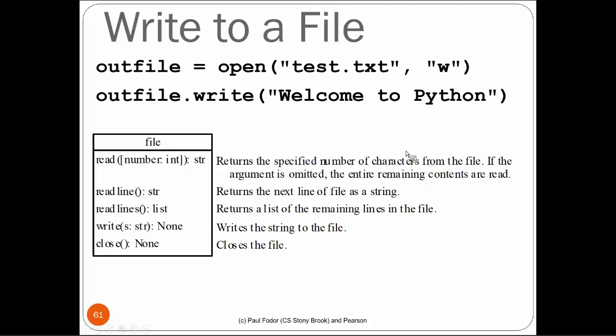So we can read any specific number of characters as a string from the file. If the argument is omitted, it reads the entire remaining content of the file. So you can read an entire file with read, readline reads the file line by line, readlines reads the lines into a list, write writes a string to the file, and close closes the file.